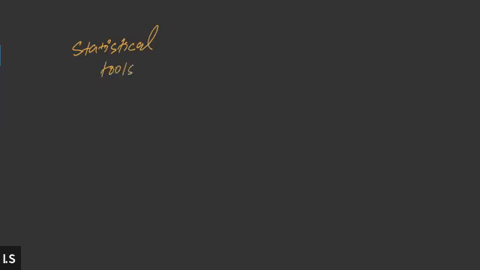Like if we want to find out the average of a particular series, then in order to find out the average, we use the tool of mean. By applying the method of mean, we can find out the average.